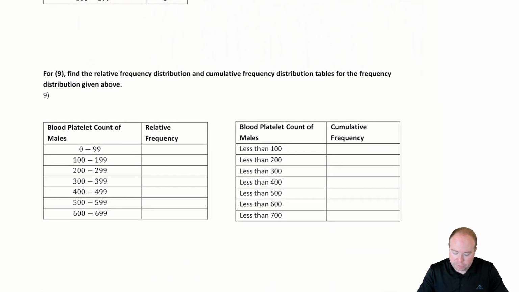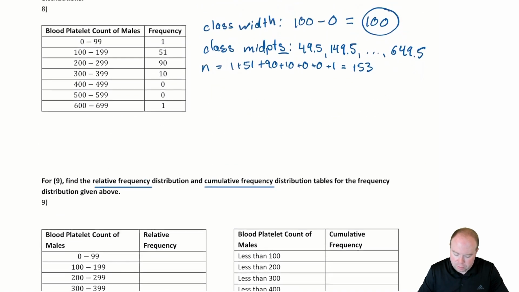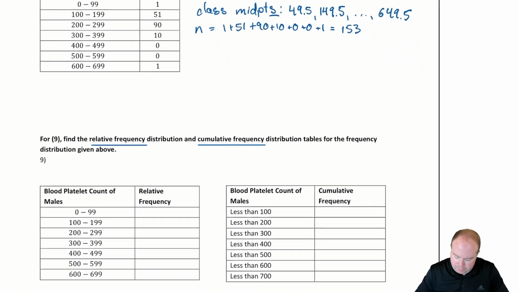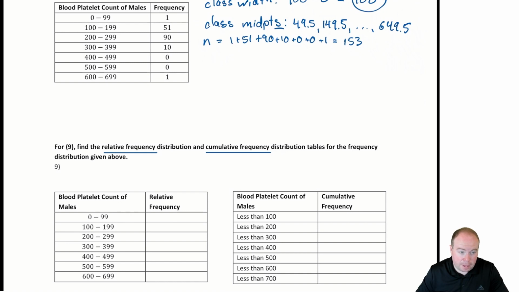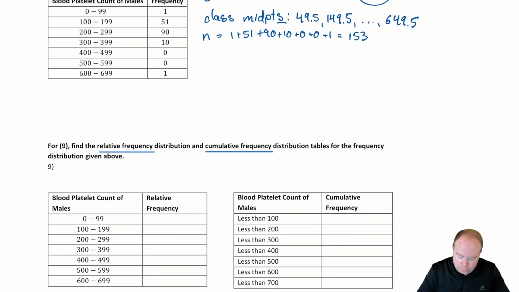All right, for number 9, we're looking at the relative frequency distribution as well as the cumulative frequency distribution for the frequency distribution given above. So we also have to use this up here. Let me fit those on the screen. All right. So for the relative frequency distribution, we basically convert everything to a percentage.